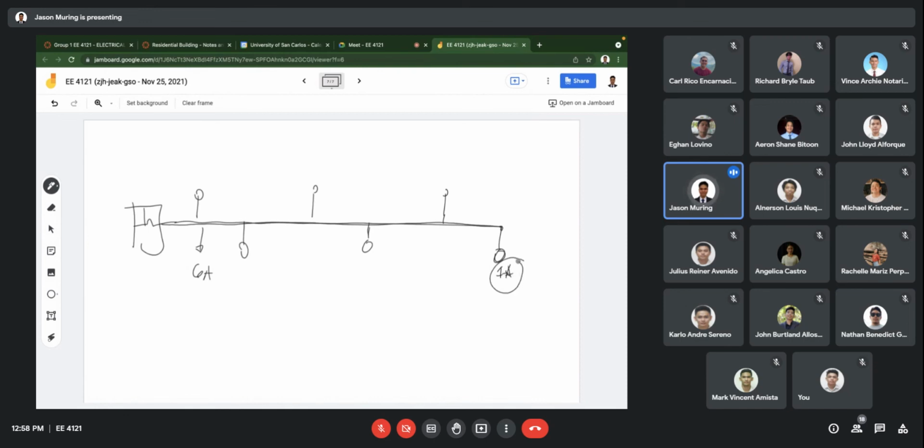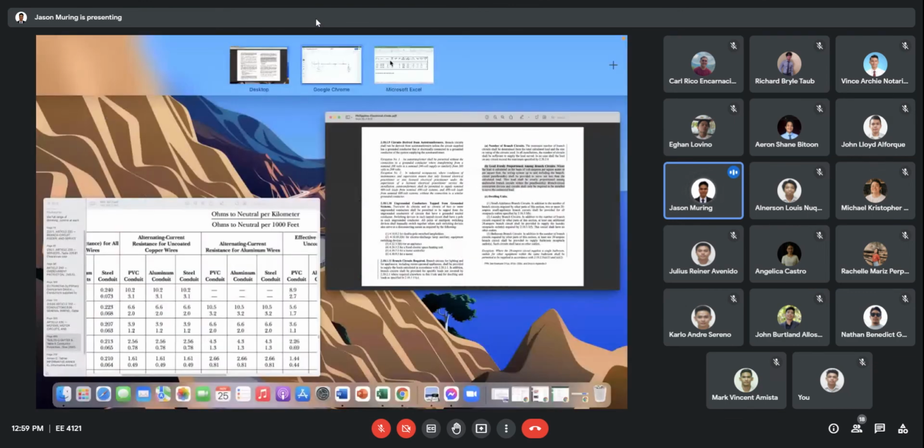When you calculate for the voltage drop, we have to use the maximum demand for that branch circuit. Okay, so we don't use the actual rating of the single load in the farthest branch circuit. Okay, so mo siya ang ato nga dapat batayan.